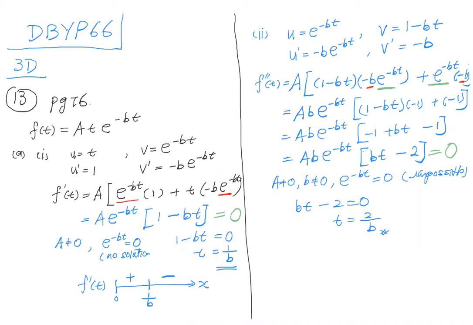So what you can do is you can do the f double prime t sign diagram. Do you know how to draw the sign diagram with the alphabet there? This is 2 over b.